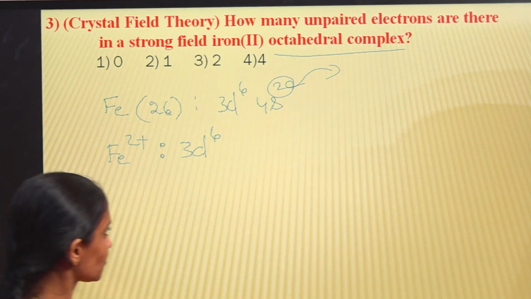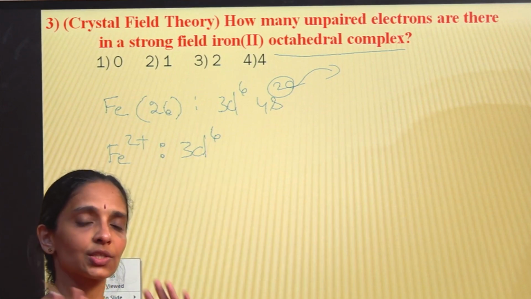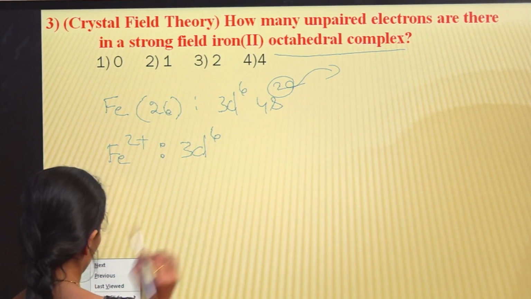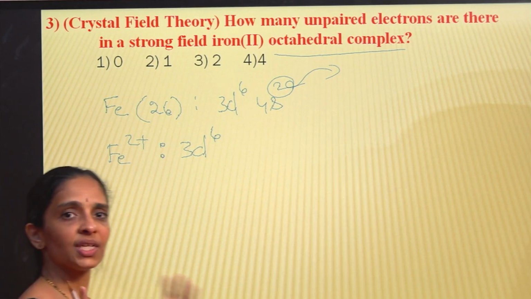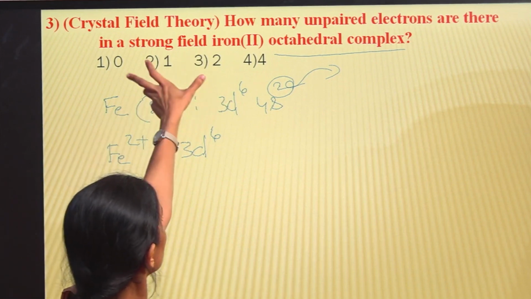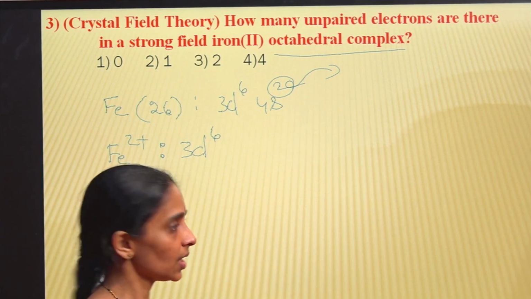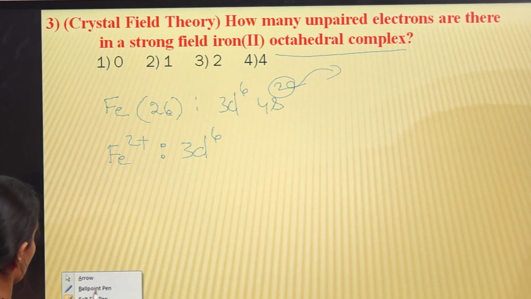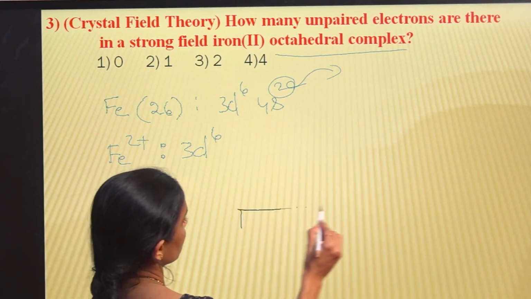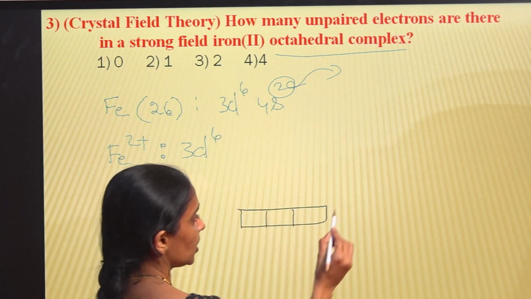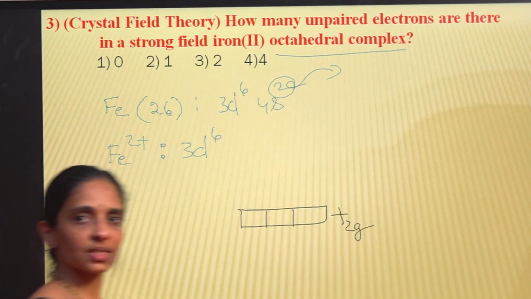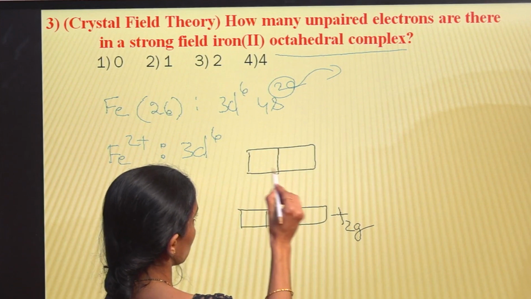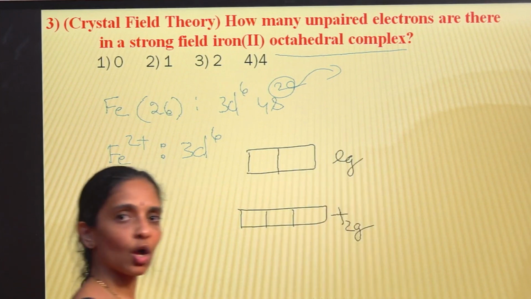In octahedral complexes, how does the crystal field splitting take place? The 5 degenerate d orbitals, when the ligands come near them, they split into 3 t2g orbitals of lower energy and 2 eg orbitals of higher energy.